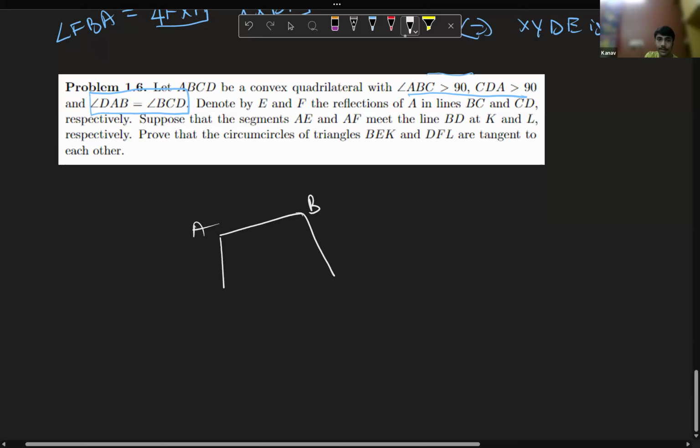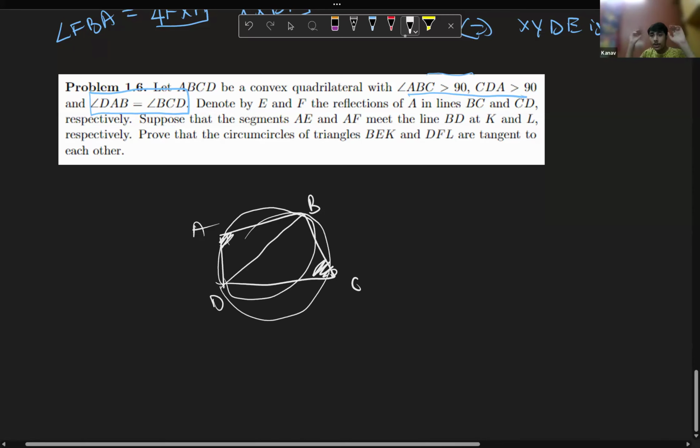We have ABCD something like this, and this angle is equal to this angle. So someone said, the circumcircle of ABD, when I reflect this about BD, I get this. So looking at one particular triangle, either ABD or CBD, makes more sense. It's not a quadrilateral anymore, it's basically a triangle.